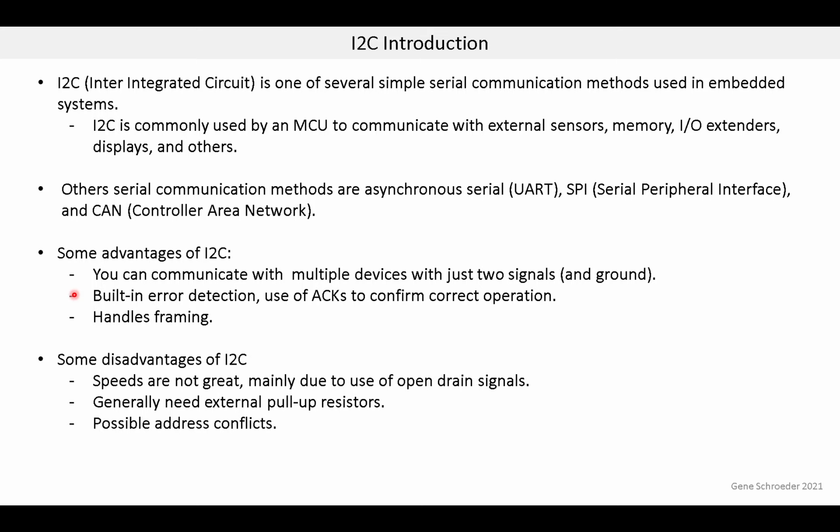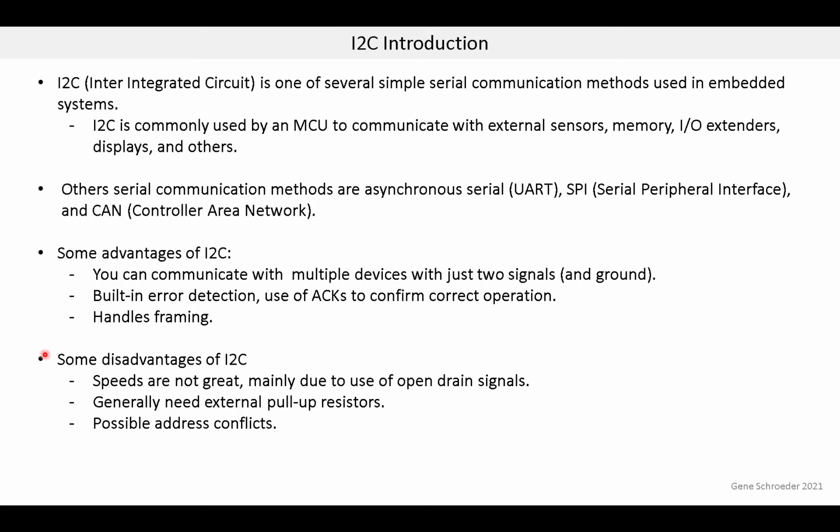As we shall see, ACK signals are used to give a positive confirmation of correct operation. With SPI, there are some error conditions that can go undetected. And compared to asynchronous serial, I2C does message framing. In other words, you don't have to write code that determines the starting and ending points of a message.